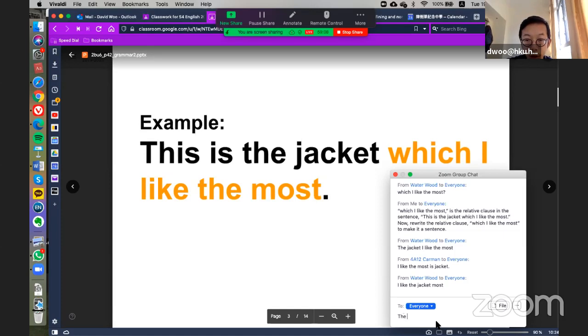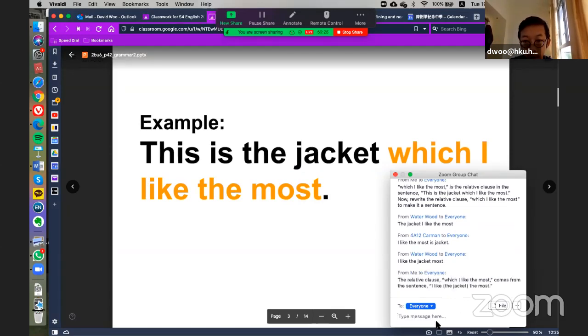So the relative clause, which I like the most, comes from the sentence, I like the jacket the most.